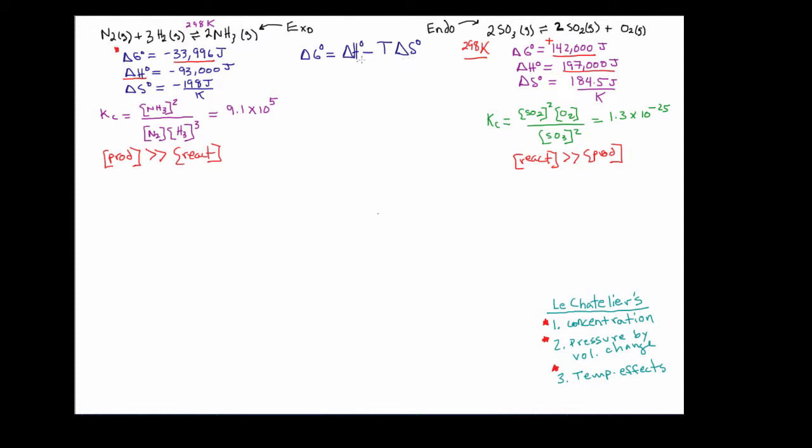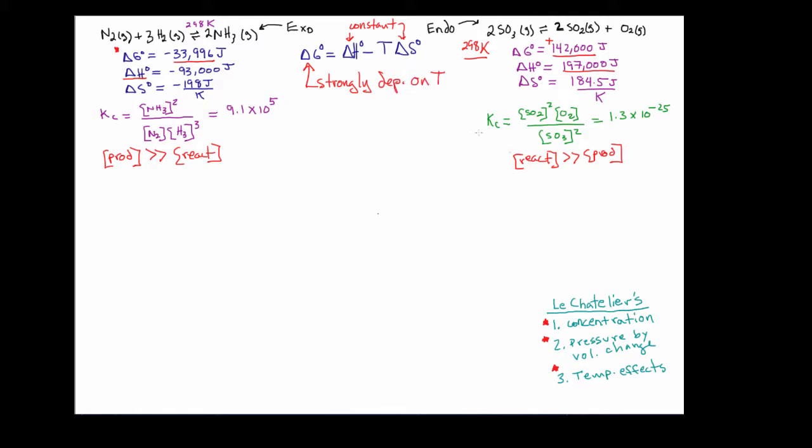Now, the thing about delta G that you need to know is that the delta H and the delta S are constant over a given range of temperatures. So both of these values remain constant no matter what temperature we're at. However, delta G naught is strongly dependent on temperature.